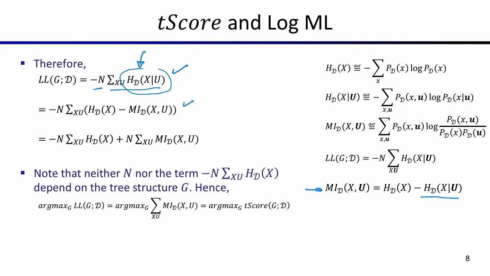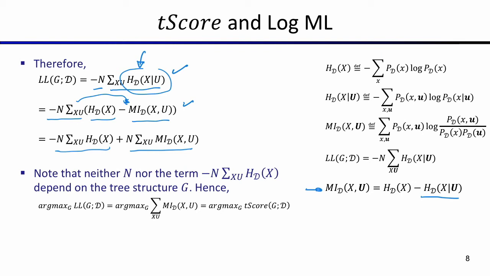We have the entropy for the variables x and the multiple information for the variables x and u. We can take this term here that is minus n and this sum and put that inside here, right? So we're going to have two sums. So the first term is going to be a sum for the entropies of the variable x, and now we're going to have a second term that will be the sum over the families for the multiple information of x and u.